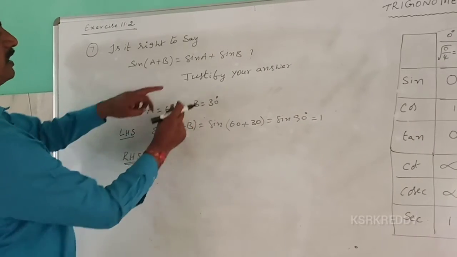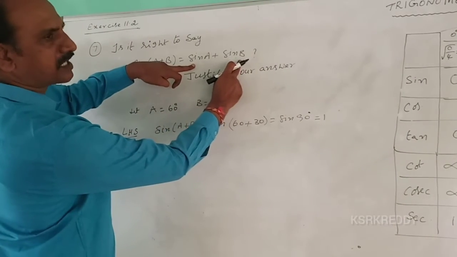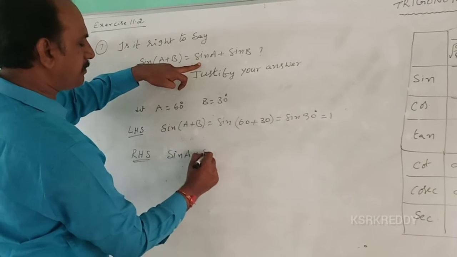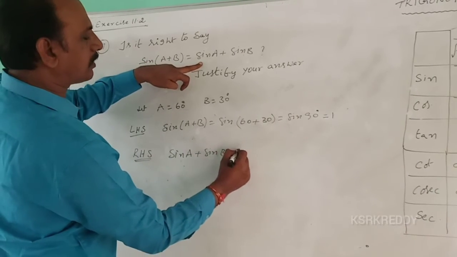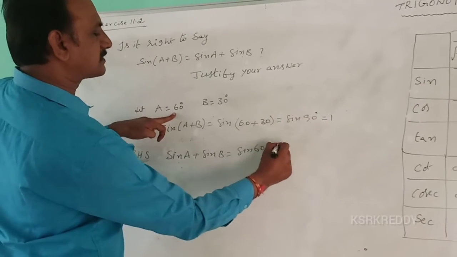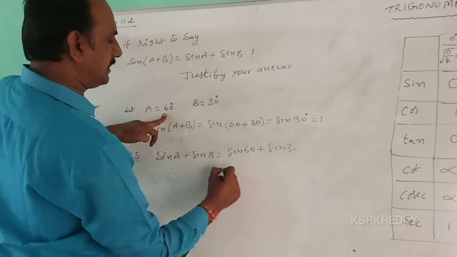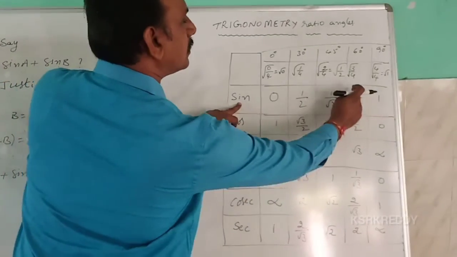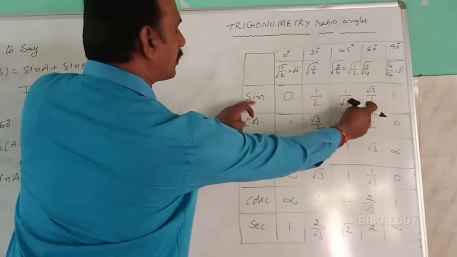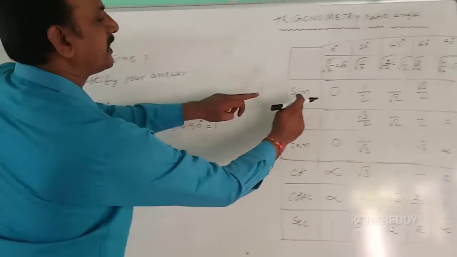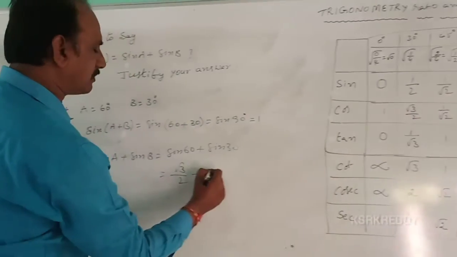RHS value: sin A plus sin B is equal to sin 60 plus sin 30. Sin 60 is root 3 by 2, plus sin 30, which is 1 by 2.